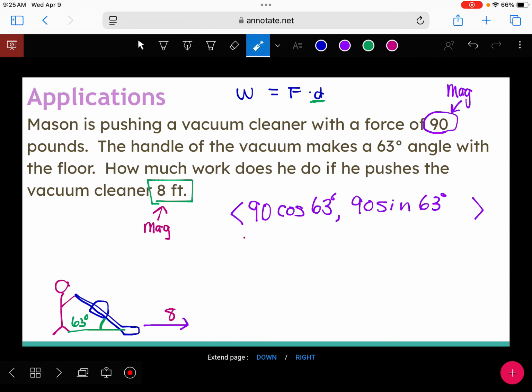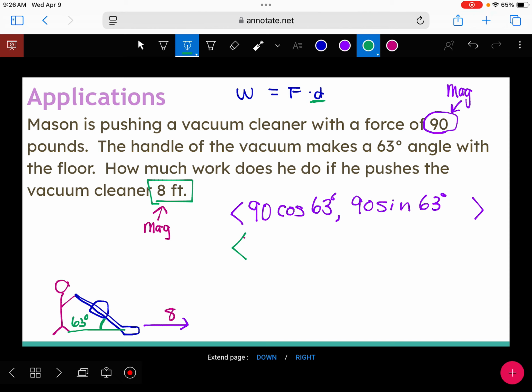What angle did it move? 63 would be if I moved it up 63. It moved at 0. The angle is 0. When I push the vacuum, I didn't move it at an angle. I moved it straight across.